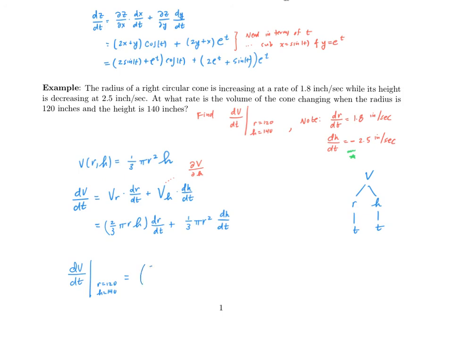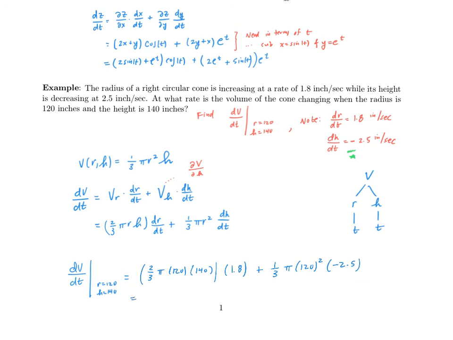Substituting in our values, we have 2/3 pi times r times h, and we've indicated above that dr/dt is 1.8 inches per second, plus 1/3 pi r squared multiplied by dh/dt, which is minus 2.5.